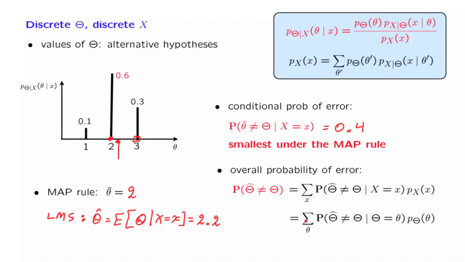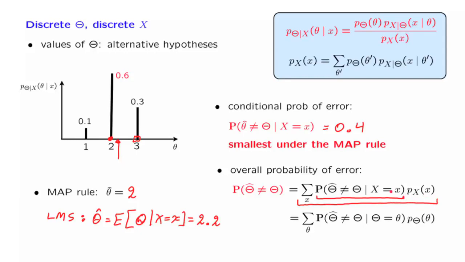Finally, I would like to make an important observation. We argued that for any particular choice of an observation, the MAP rule achieves the smallest possible probability of error. So, under the MAP rule, this term is as small as possible for any given value of the random variable capital X. Since each term of this sum is as small as possible under the MAP rule, it means that the overall sum will also be as small as possible.